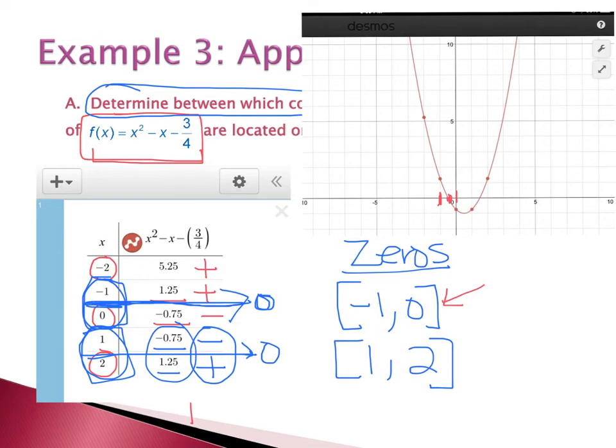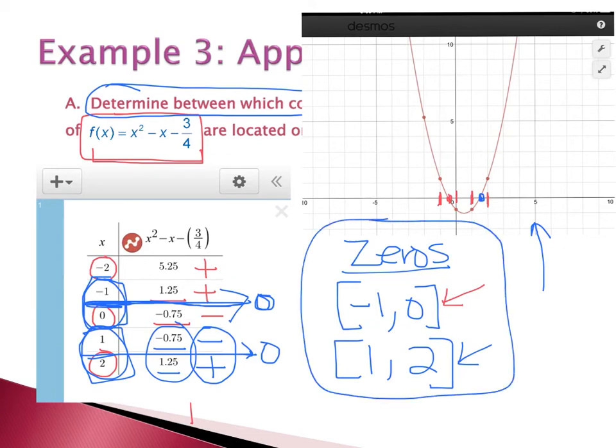Also, if this is x equals +1 and x equals +2 here, we have another 0 right here where the graph crosses the x-axis between 1 and 2. So we can use the graph to indicate that the zeros are between the values we determined using the table.